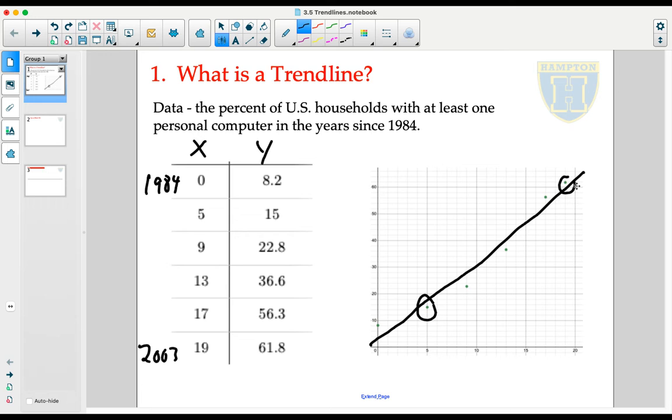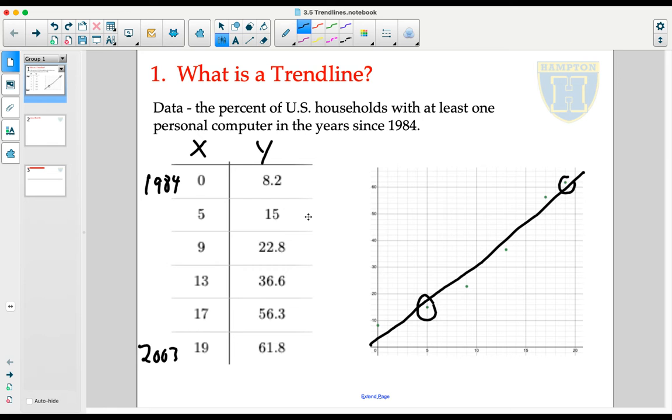And if there were any that it went straight through, feel free to use those because you have those exactly. But in cases like this, we want to be as exact as we can because we know the trend line is already an approximation. We don't want to approximate a point on top of that. So we use the 2 points that we can identify as being really close to the line, and we build our trend line off of those.